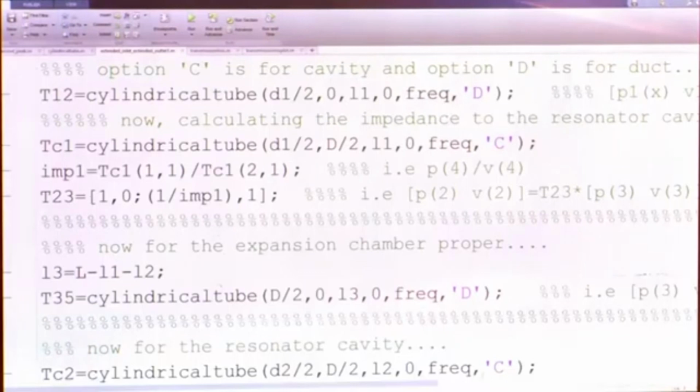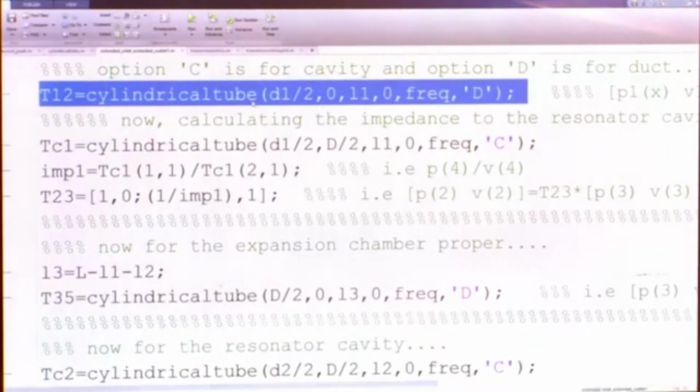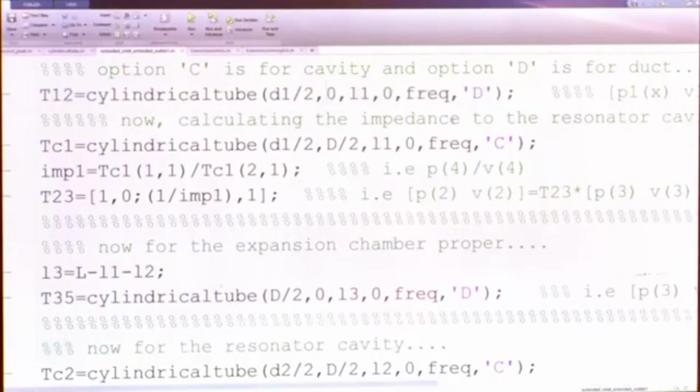Remember, transfer matrix parameters are functions of frequency. Here it is a simple cylindrical tube. So, we know the transfer matrix for the portion of the inlet pipe where this is evaluated, and similarly TC1 is a cylindrical tube where basically the chamber is evaluated. So, probably this for the cavity, I am so sorry.